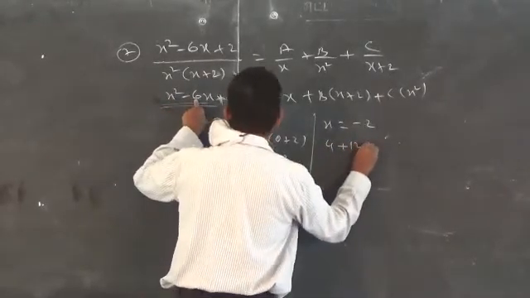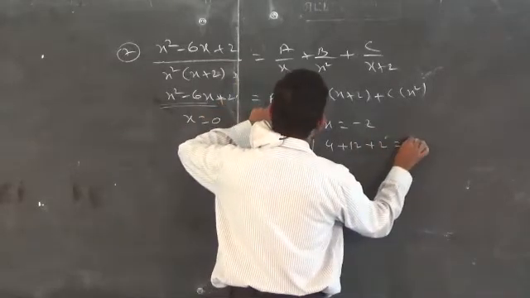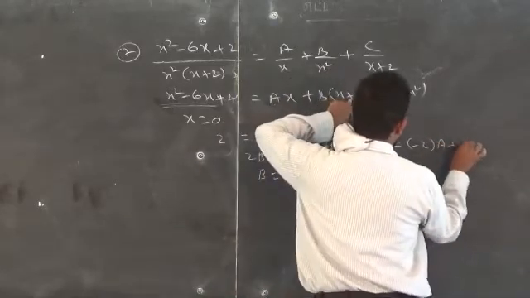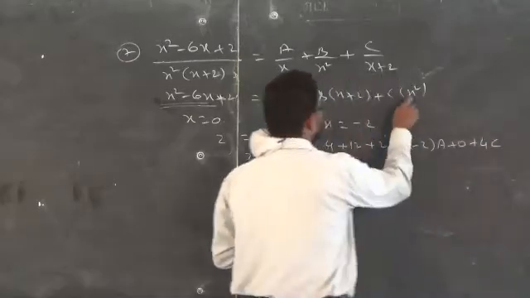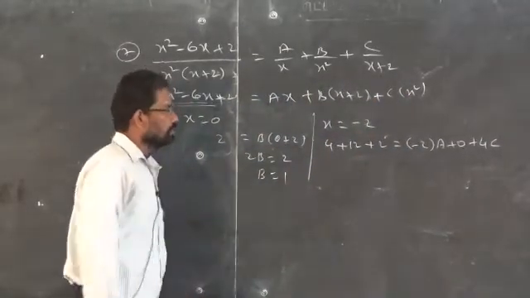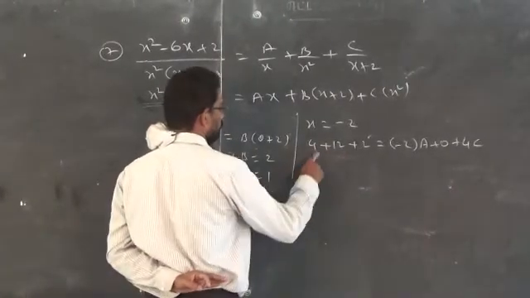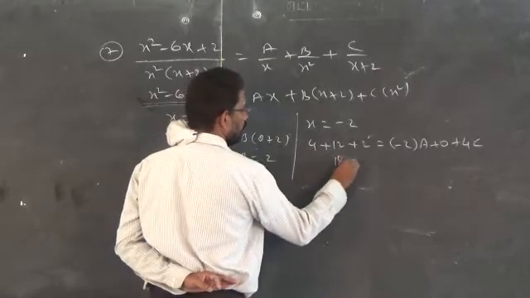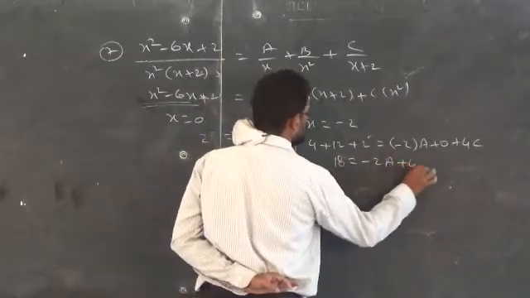This is plus 12. Plus 2 is equal to minus 2a, this will become 0, then plus 4c. When you replace x by minus 2, the whole square is 4c. Add 4 plus 12, 16, 16 plus 2, 18. 18 is equal to minus 2a plus 4c.